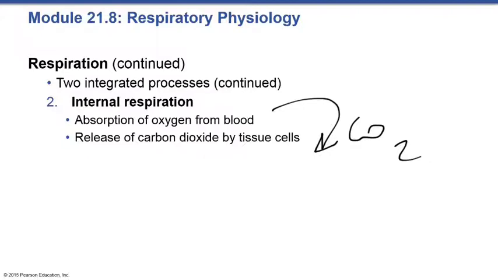When a biologist, a more pure biologist, refers to respiration, they may be instead referring to cellular respiration. The idea that every cell in your body must take in oxygen, must take in energy, and from that, through the process of glycolysis and the electron transport chain, is going to make CO2 as a waste product.